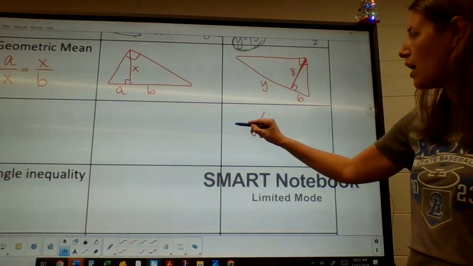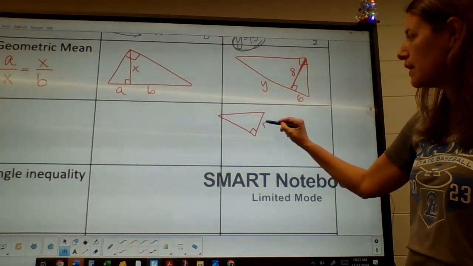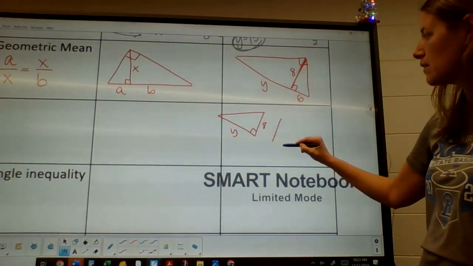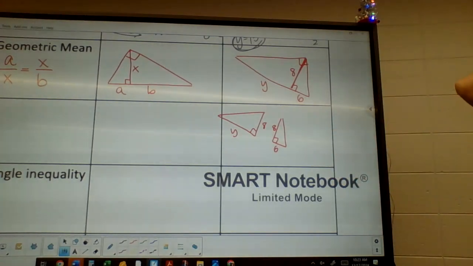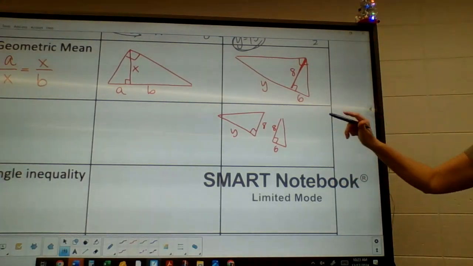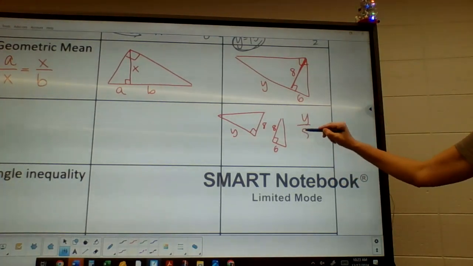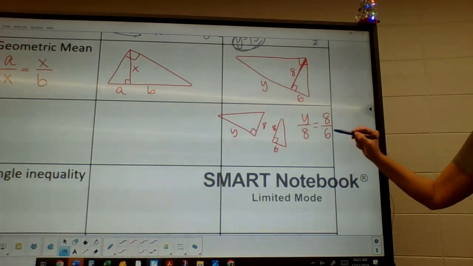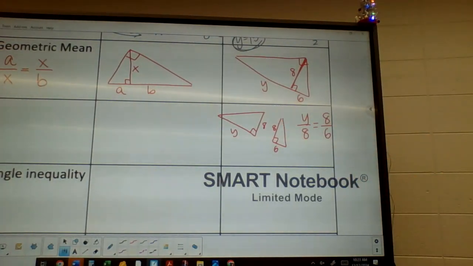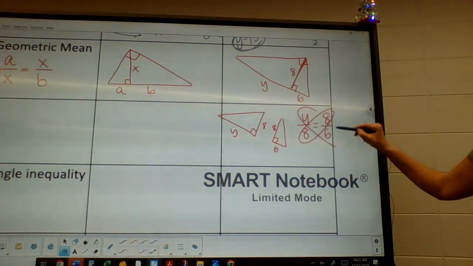So I'm drawing the 8 and y, and then this is 8 and 6. I say that medium goes with medium, so y would go with 8, and then small would go with small. And so again, the 8 shows up twice, so I write that twice in my proportion.